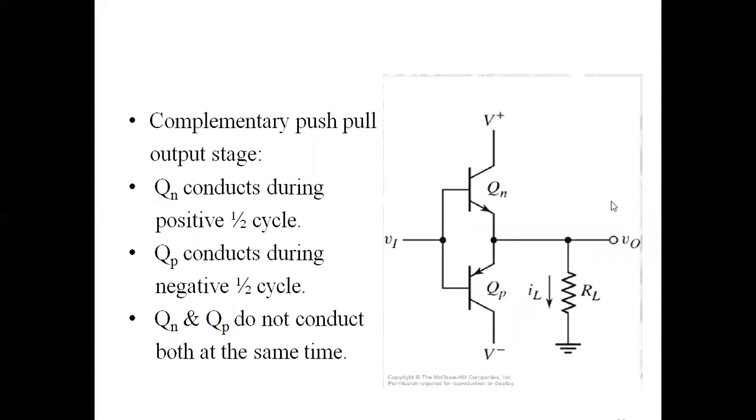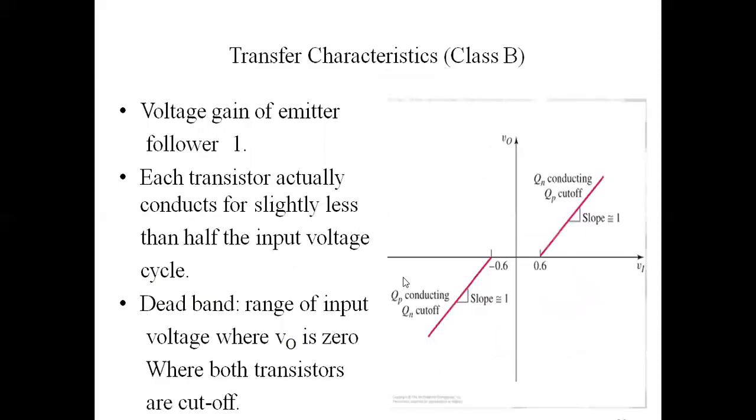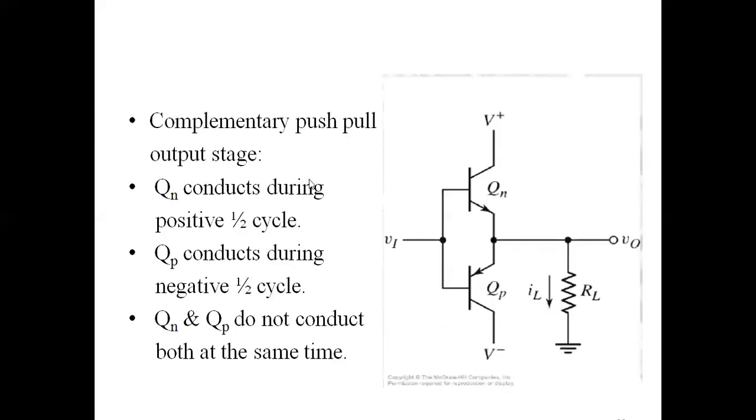This type of arrangement is also called a complementary push-pull output stage. Here, Qn conducts during the positive half cycle, whereas Qp conducts during the negative half cycle. If the input voltage goes negative by more than 0.6 volts, then transistor Qp turns on, and once again it acts as an emitter follower.